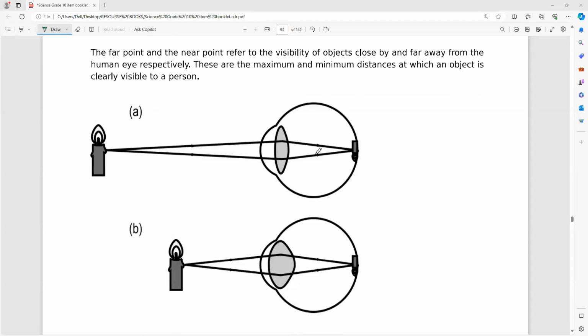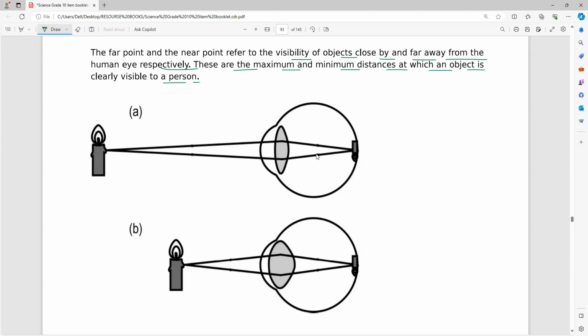Next, the far point and the near point refer to the visibility of objects close by and far away from the human eye respectively. These are the maximum and minimum distances at which an object is clearly visible to a person.